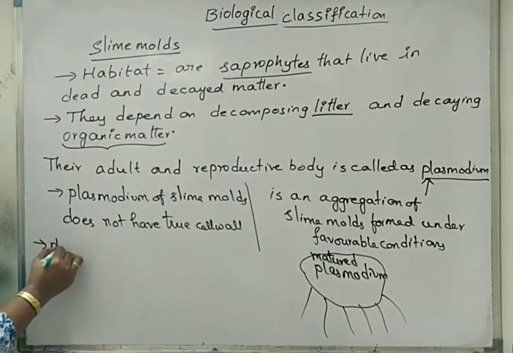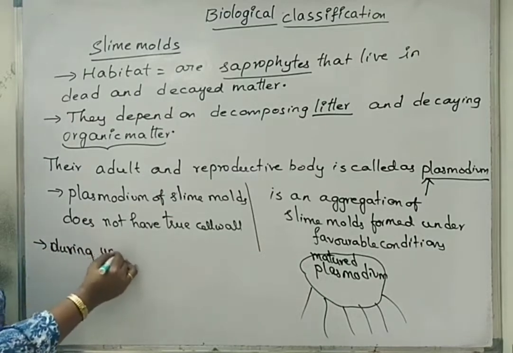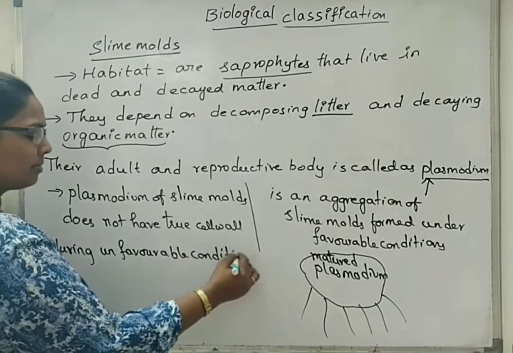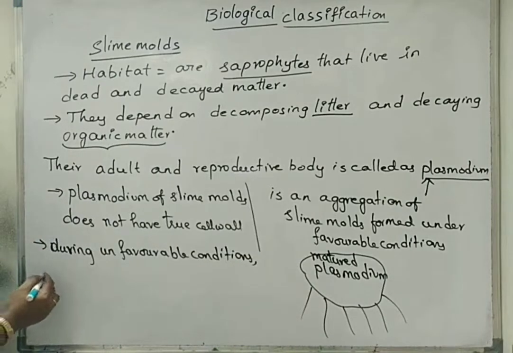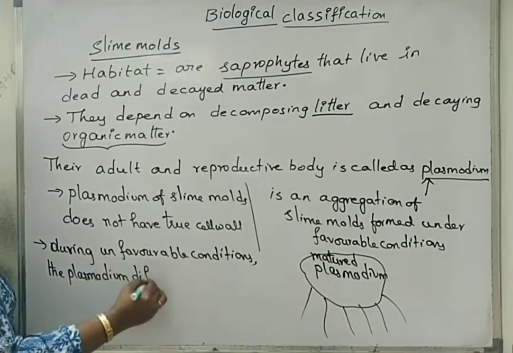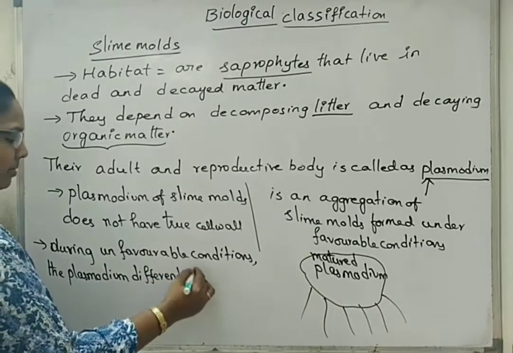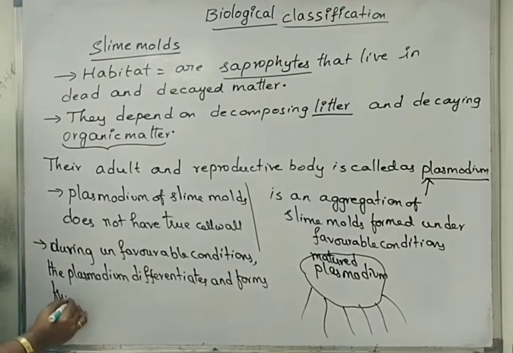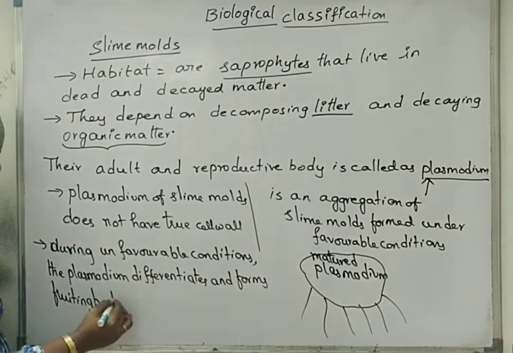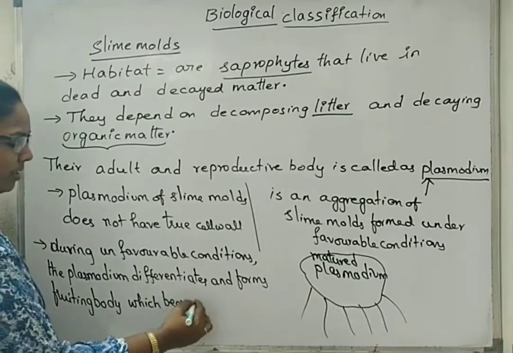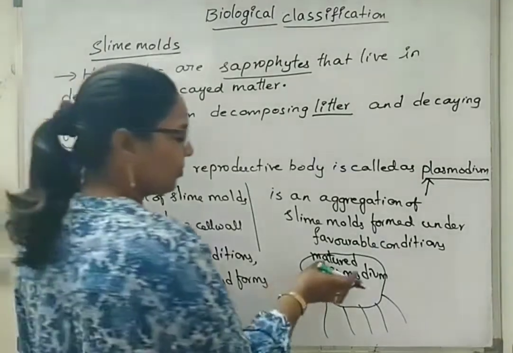During unfavorable conditions, this plasmodium differentiates and forms fruiting bodies, which bear spores.